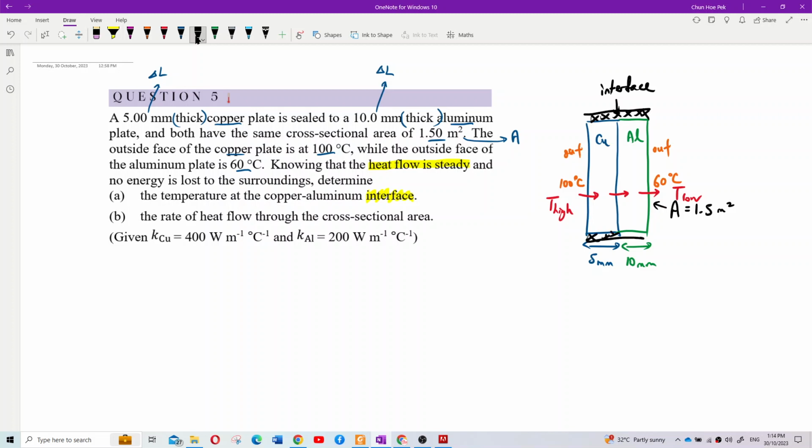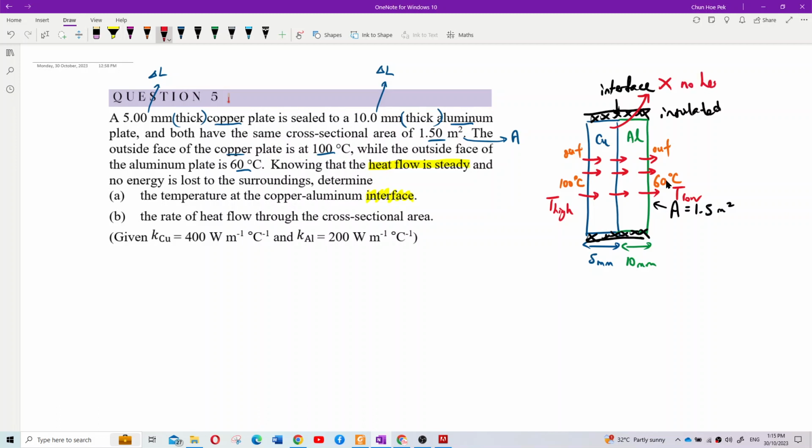Why is the heat flow constant from hot temperature to low temperature? Because it's insulated, so there is no heat loss. The heat cannot flow out. No heat loss to the surrounding.